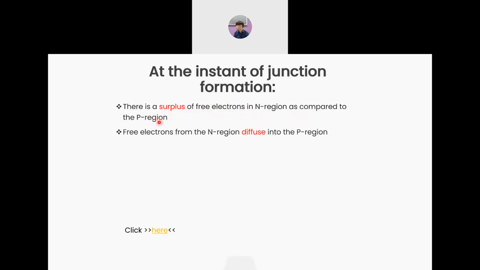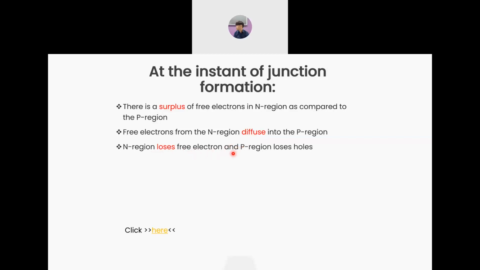Free electron from n region will diffuse into the p region. So the n region will lose free electron, because the electron from the n region is diffusing towards the p region, so slowly n region will lose its own free electron.